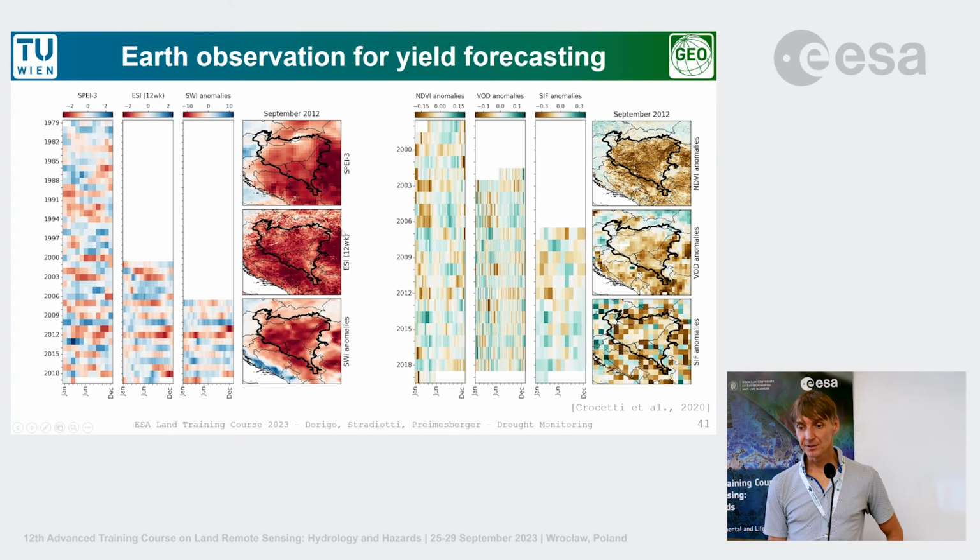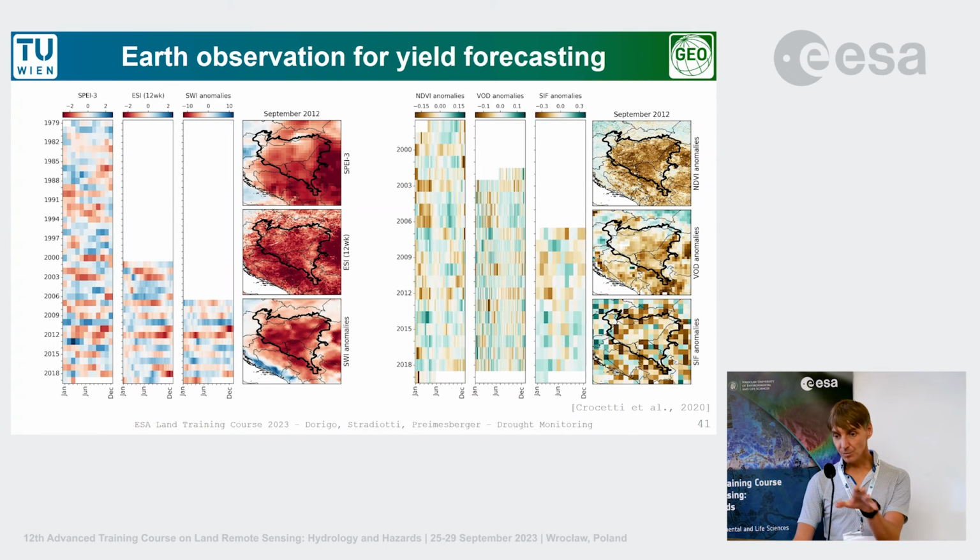This is the evaporative stress index, which is based on thermal imagery, showing land surface temperature conditions, and this is soil moisture as measured by active microwave sensing. And these are the impacts. How does it impact the vegetation?